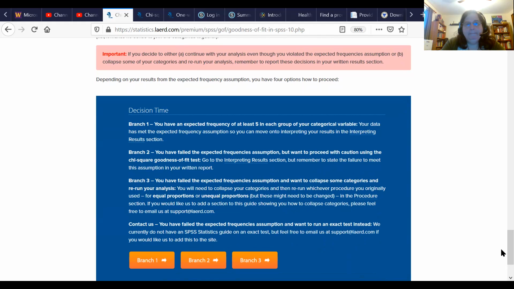So if you fail the assumption and you want to, you could collapse some categories. That's always an option, right? If you decide that certain categories can be collapsed, you can collapse them. But another option that they offer is to proceed with caution.